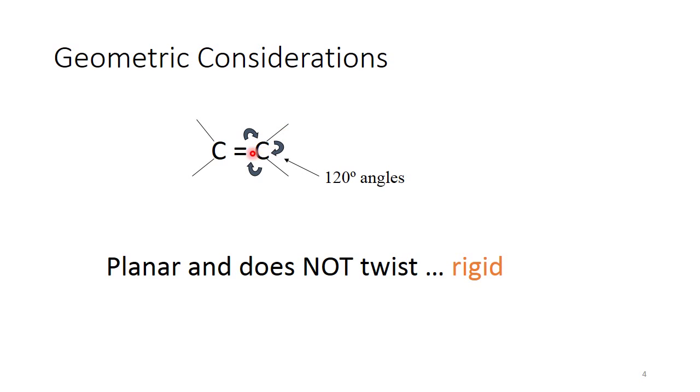So what we have is a planar molecule, very planar. If you would have the hydrogen here, carbon here, hydrogen here, carbon here, hydrogen here, hydrogen here, all 6 atoms would be in one plane. And because it's sp2 hybridized, you have 120-degree angles all the way around. So it's rigid and trigonal planar.